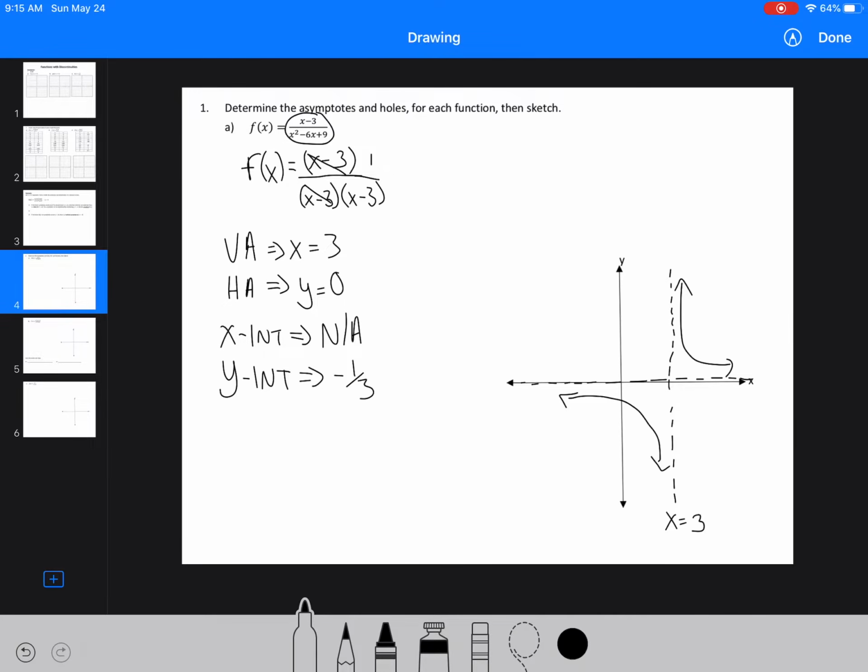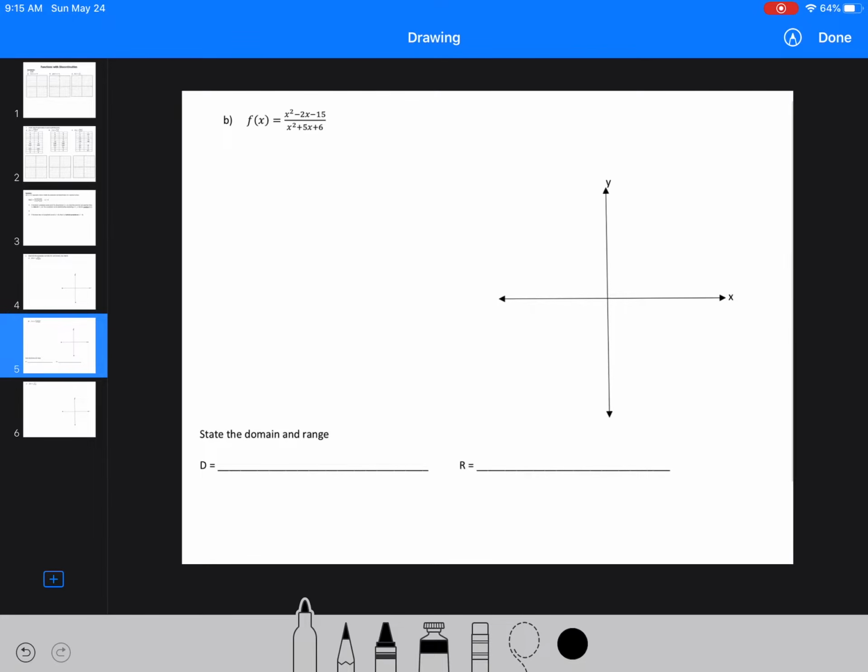I get -3/9, and I reduced it. So this is -1/3. All right, and so we've got all of our points there. We've got our graph. It's nice and neat. Those are kind of the main things you need. If the degree on the top was higher, we'd do an oblique asymptote instead of a horizontal, but we've got everything we need. All right, the next one.